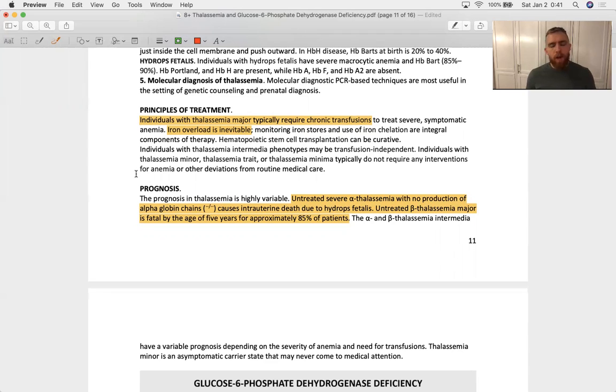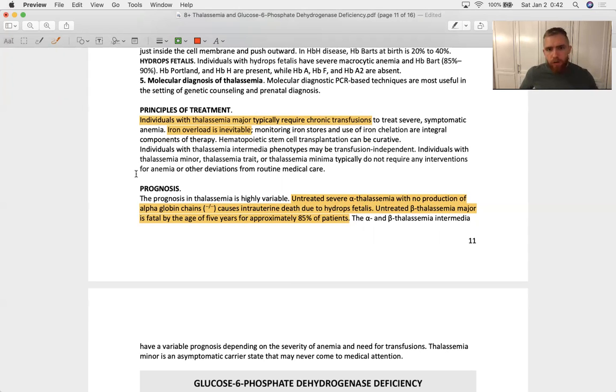Iron overload is also inevitable in patients with severe thalassemias owing to increased erythropoietin because the anemia just doesn't go away. So the EPO stays high. So hepcidin stays very, very suppressed. You have no hepcidin. So you're pulling in all the iron that you can get from the gut.